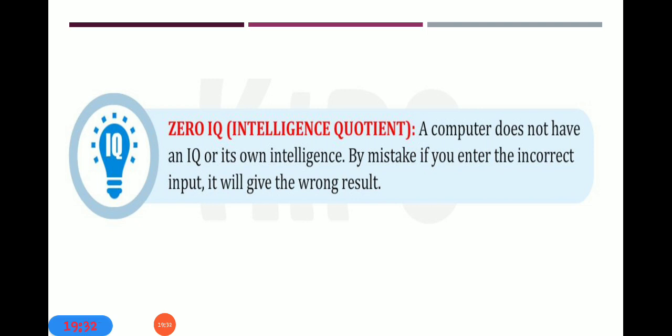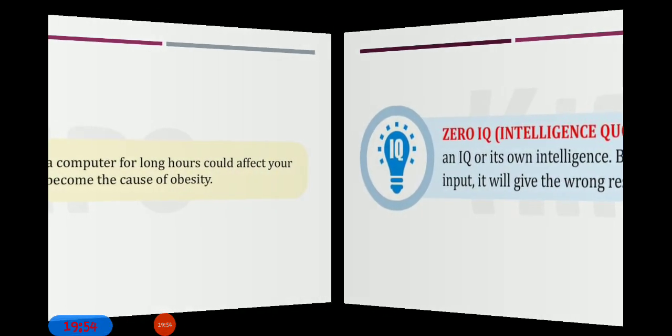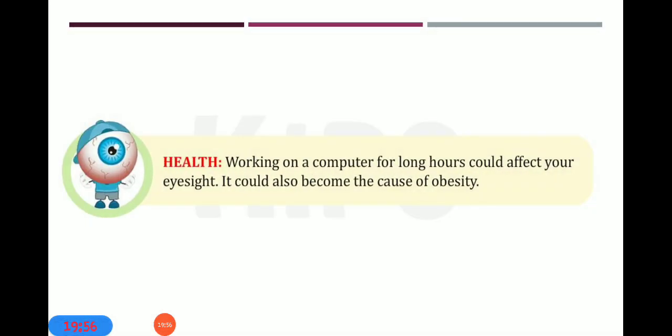By mistake, if you enter the incorrect input, it will give you the result. How? Wrong result. It means that by mistake if you gave wrong input in the computer, then whatever output or result you get from the computer will be incorrect, means wrong. So it has no IQ.